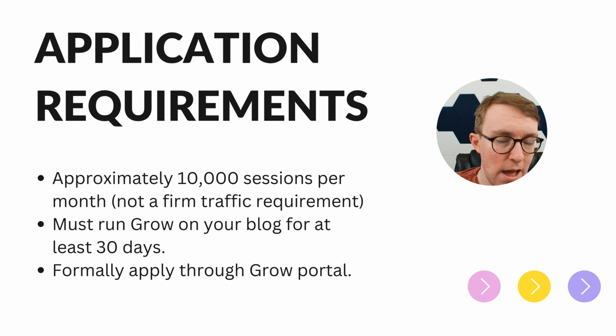Once you've had your 30 days of data collection, you'll see an option in the Grow dashboard to formally apply. Mediavine will then change your status to analyzing and reviewing your data. Eventually, if you're accepted, you'll receive an email and you'll see a notification in your portal.